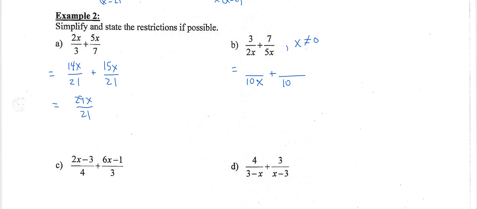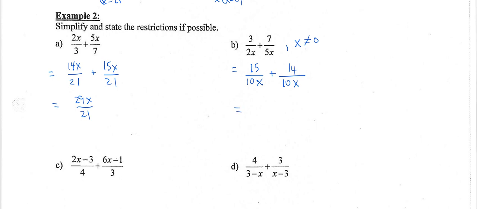The second fraction also needs x, but I already have one. I don't need a different x. So the common denominator would be 10x. In the first fraction I have to multiply the 3 by 5. In the second fraction I'll have to multiply the 7 by 2.